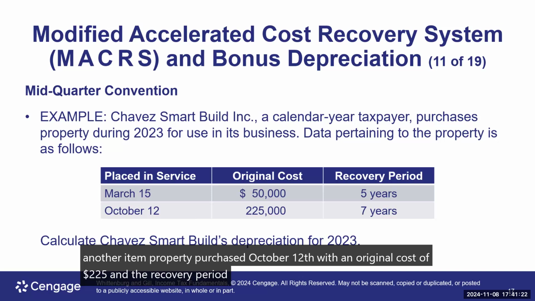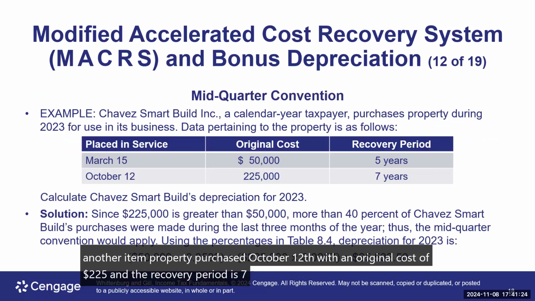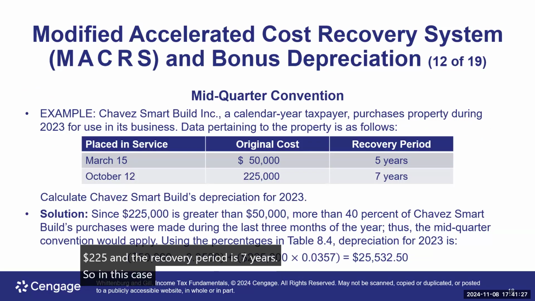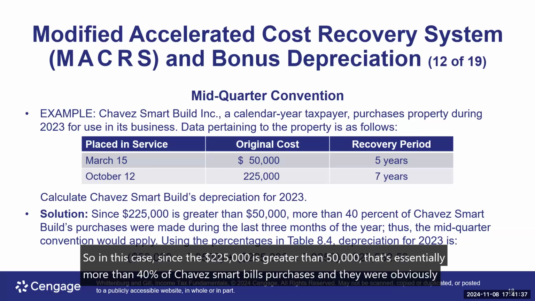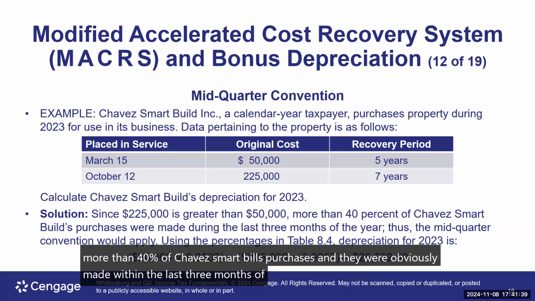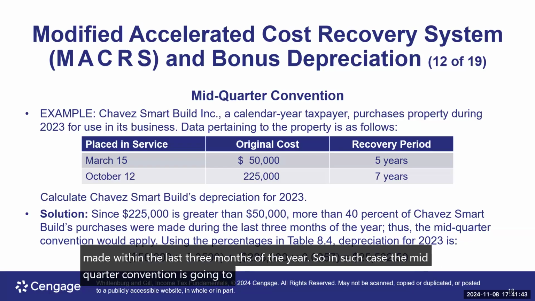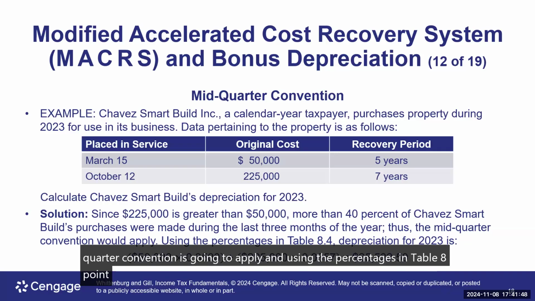So in this case, since the $225,000 is greater than $50,000, that's essentially more than 40% of Chavez Smart Build's purchases, and they were obviously made within the last 3 months of the year. So in such case, the mid-quarter convention is going to apply, and using the percentages in table 8.4, the depreciation is going to be as follows.